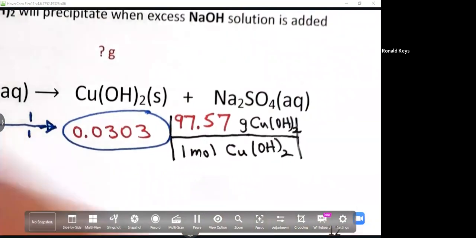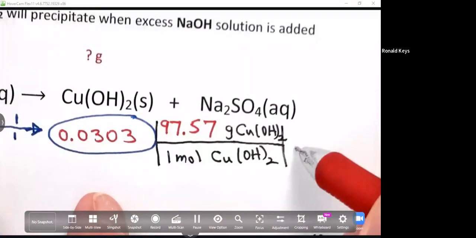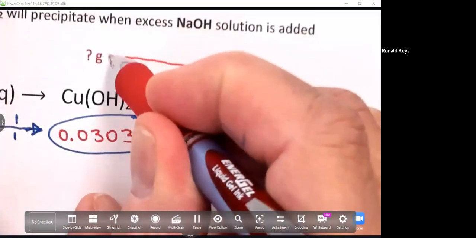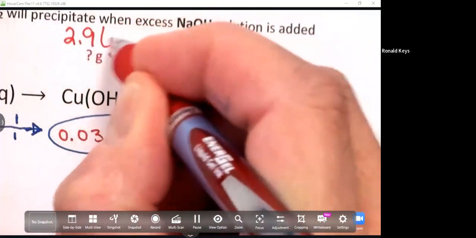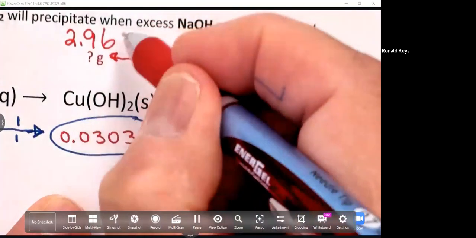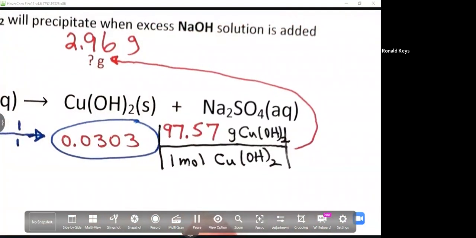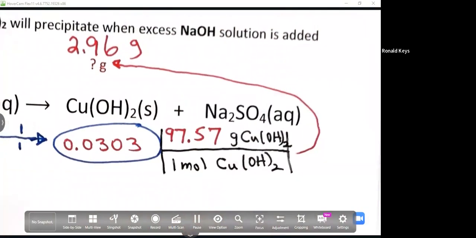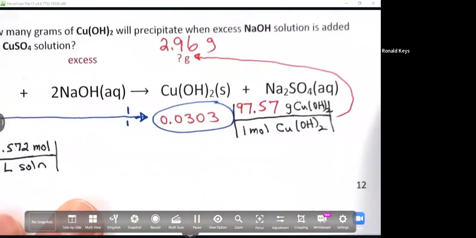So it looks like we would get 2.96 grams. This is an exact owl question. That's not very ugly at all. It's like, yes, I put not so ugly. So that's an example of some solution stoichiometry.